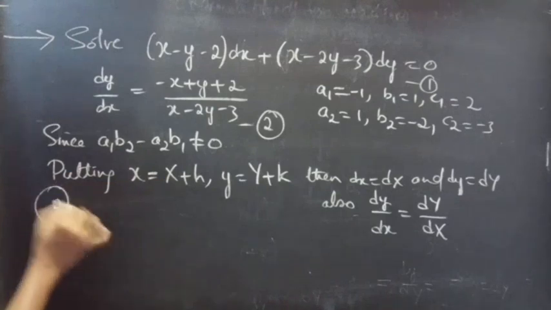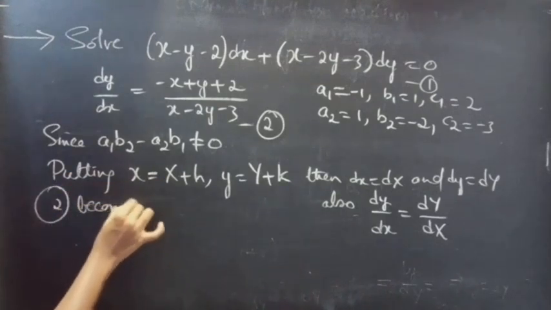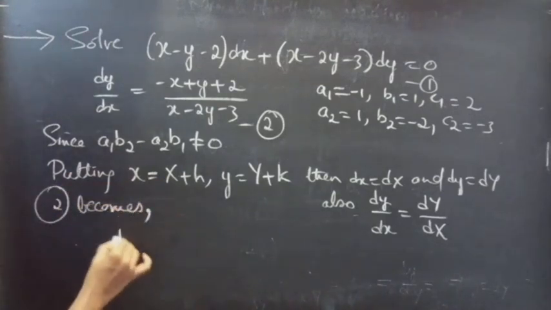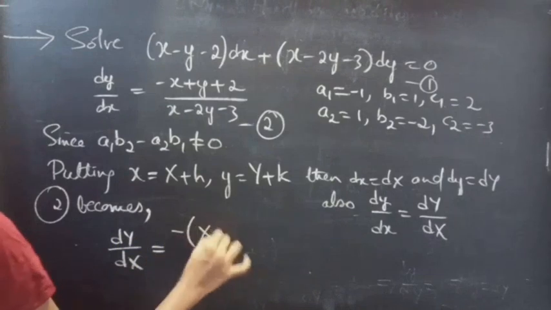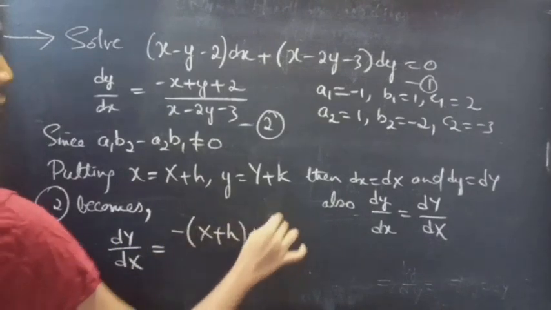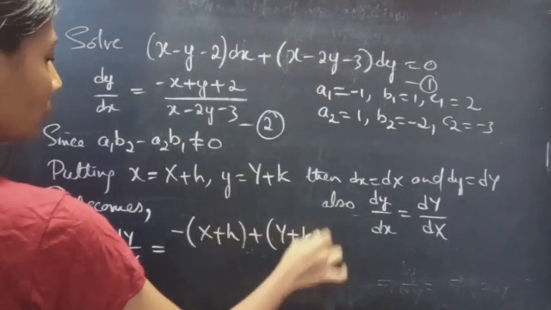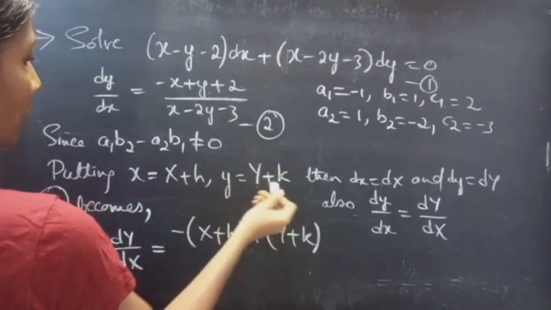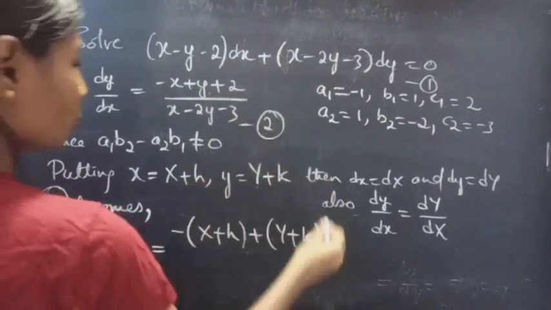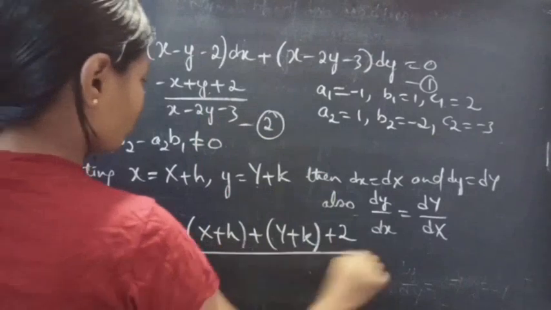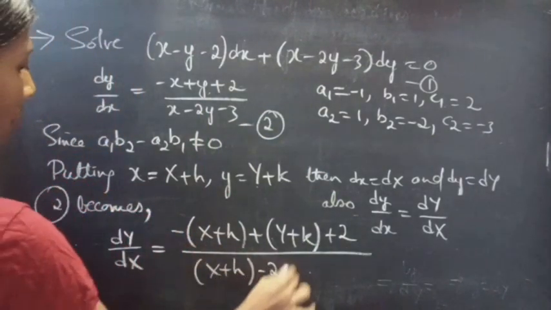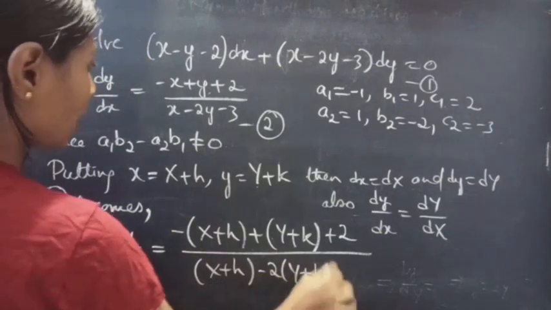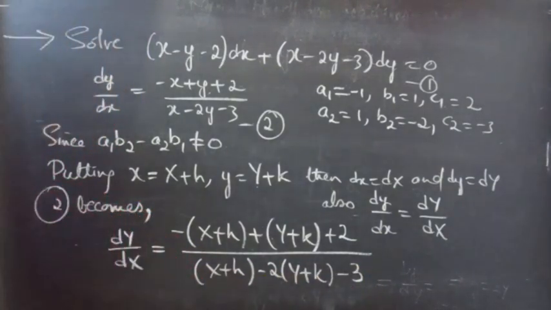Equation 2 becomes dY by dX equals −(X + h) + (Y + k) + 2, by (X + h) − 2(Y + k) − 3.